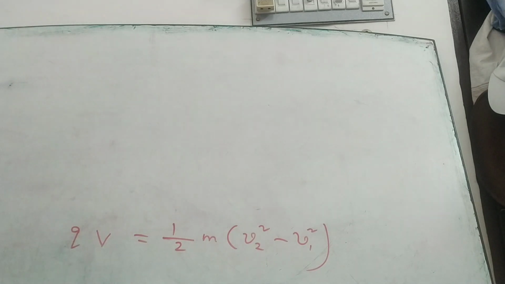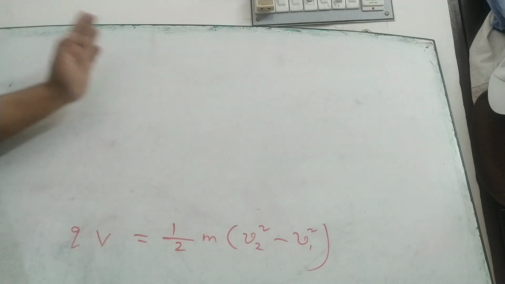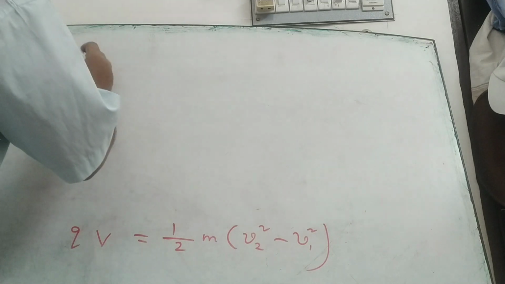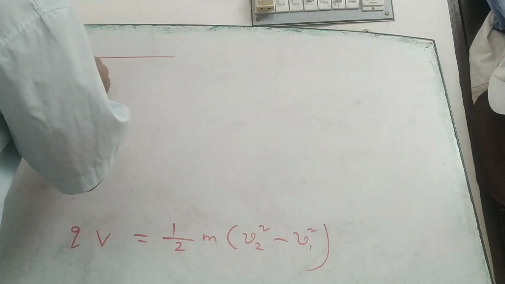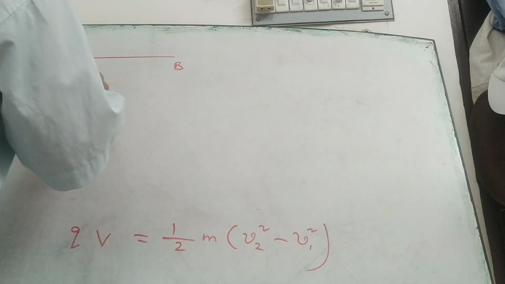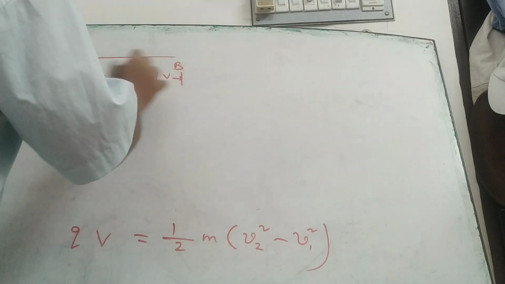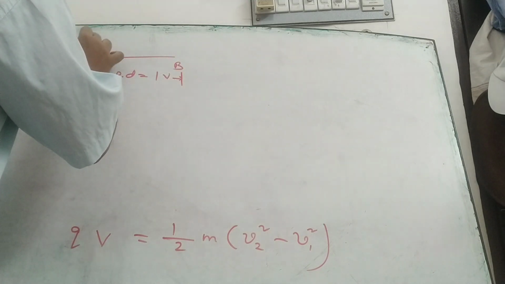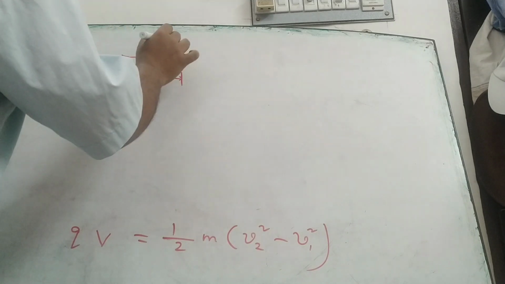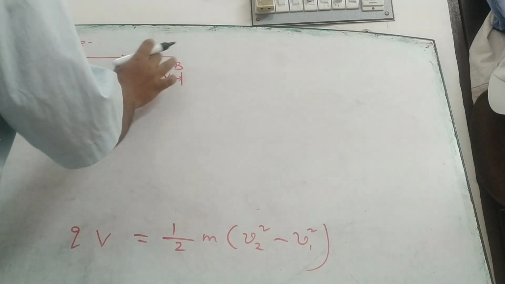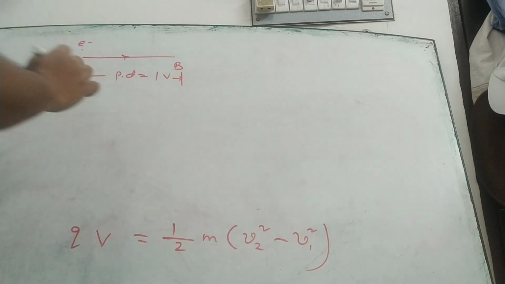Now, the work done to move from point A to B having potential difference 1 volt is equal to 1 electron volt. Let A and B be two points having potential difference equal to 1 volt. An electron, minus Q, moves against the force. Then the work done is equal to 1 electron volt.